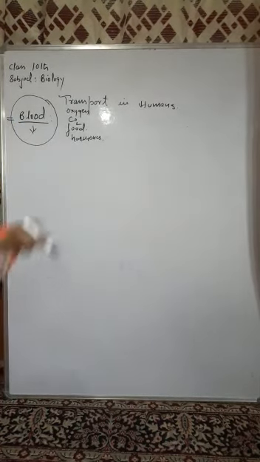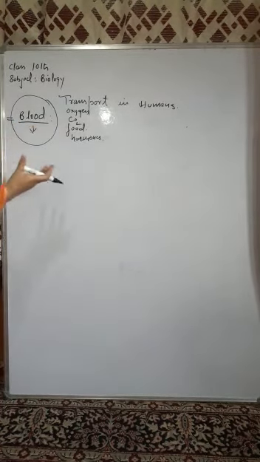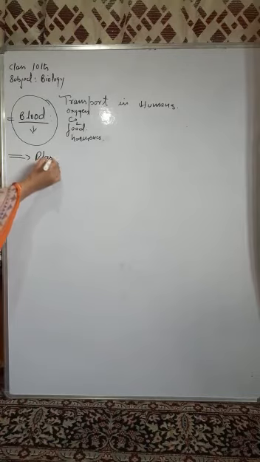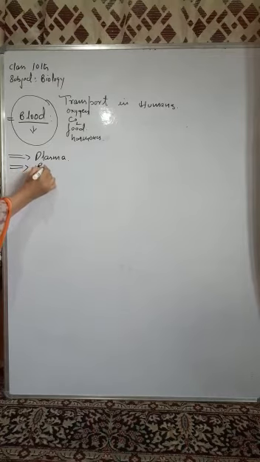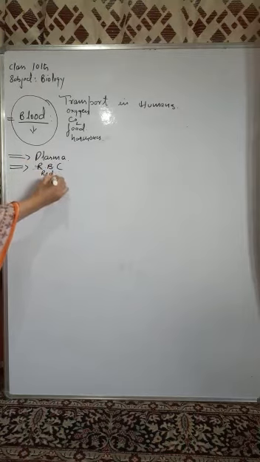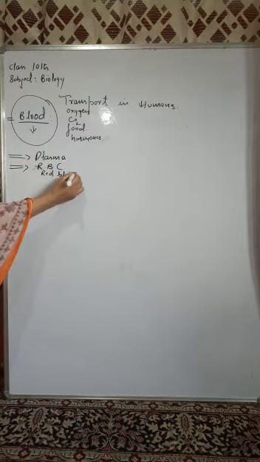Dear students, this blood is made up of four main components. Number one is plasma. Number two is RBCs, you know, red blood cells.